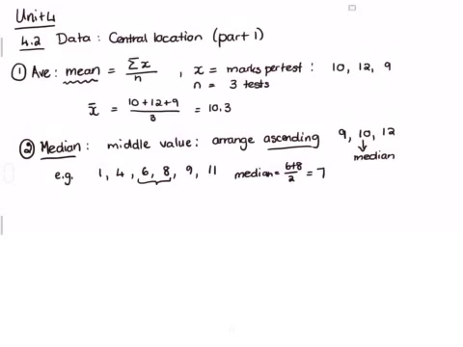So your median is 7. Let's just look at both these. So the mean and the median could be numbers that are not actually one of your data points. But it tells you that your data centers more or less around 7 in the second example, or in the mean it centers around 10.3.